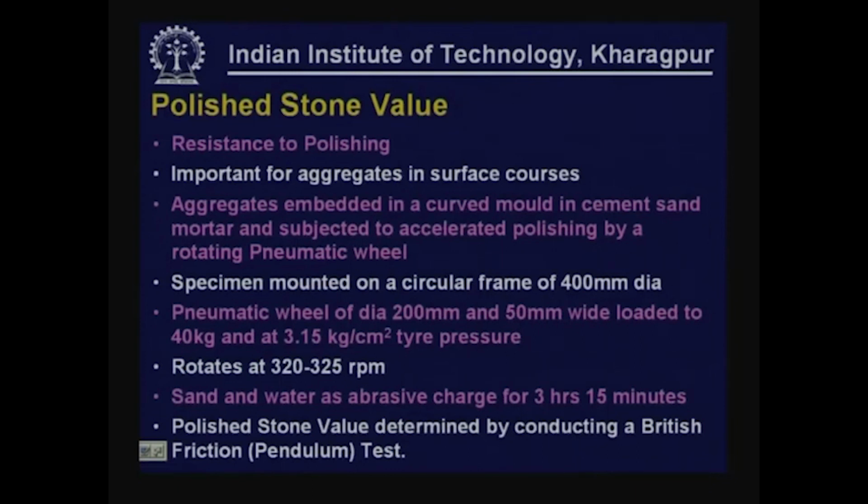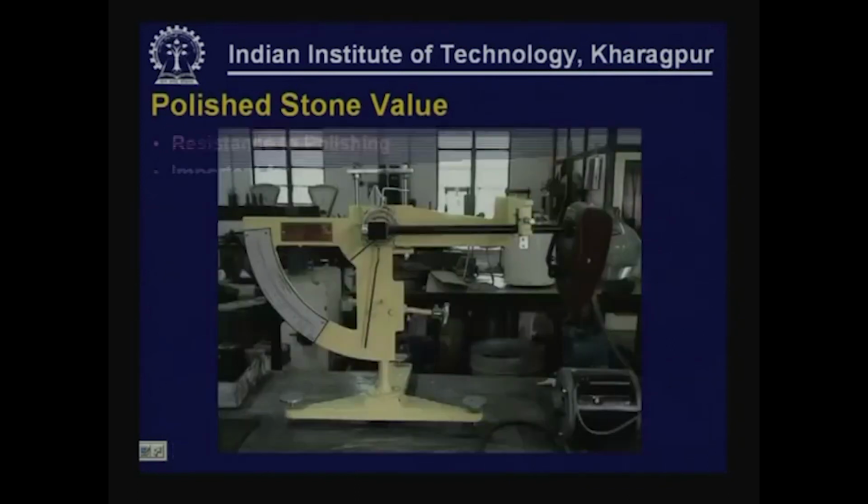Sand and water are used as abrasive charge for 3 hours 15 minutes, and the value obtained from this is represented as polished stone value. The surface obtained at the end of this test is subjected to a British pendulum test, which measures the coefficient of friction of the abraded surface.